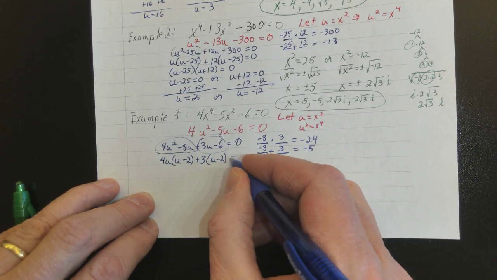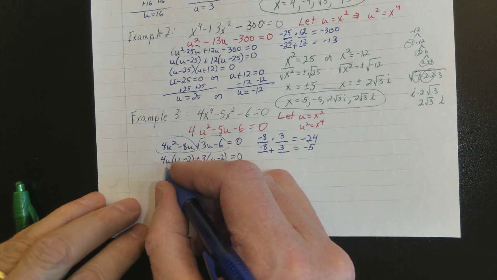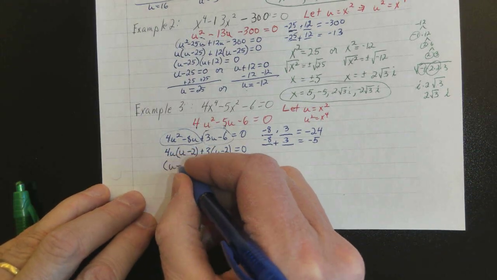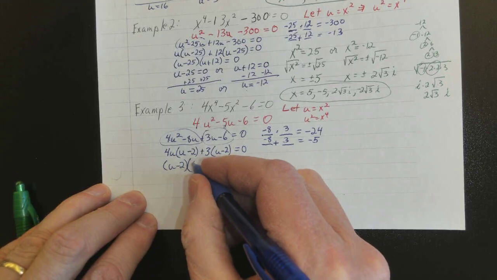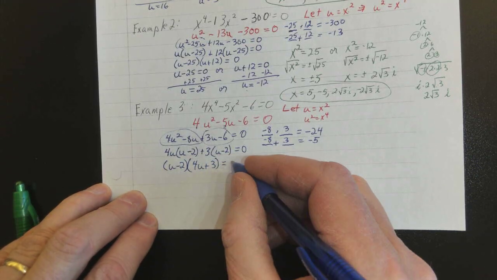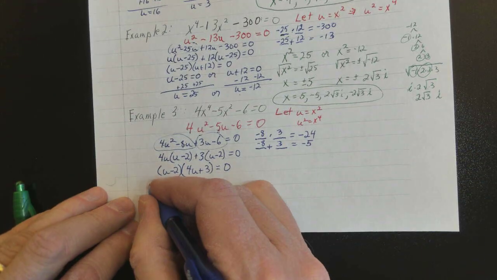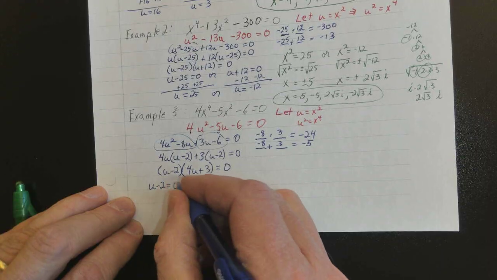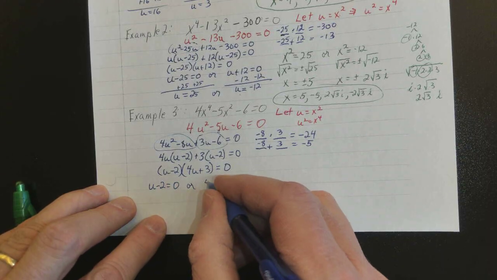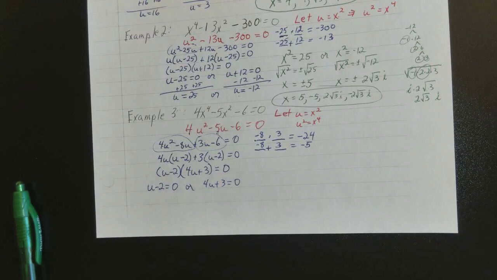I get u minus 2 here. That's equal to 0. The common is u minus 2. And then I have 4u plus 3 as the fronts, and that equals 0. So u minus 2 equals 0, or 4u plus 3 equals 0.